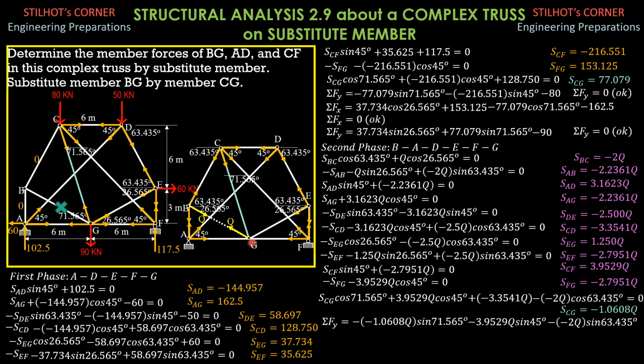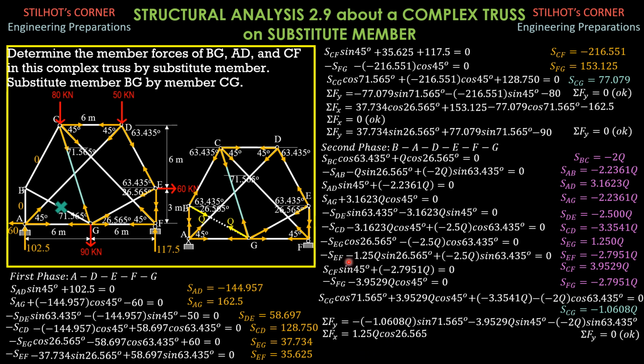Finally, we check equilibrium along Y, summation of forces Y. So we have SEG, which is 1.25Q sine of 26.565 degrees, plus Q sine of 26.565 degrees, plus SCG, which is negative 1.0608Q sine of 71.565 degrees, then plus Q sine of 26.565 degrees.